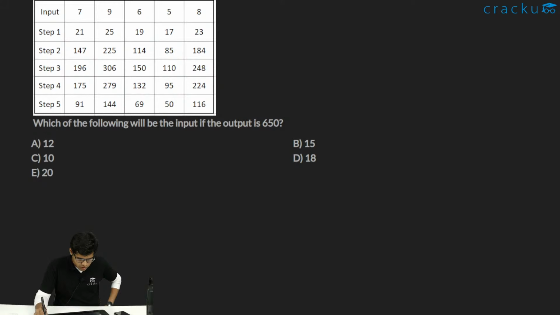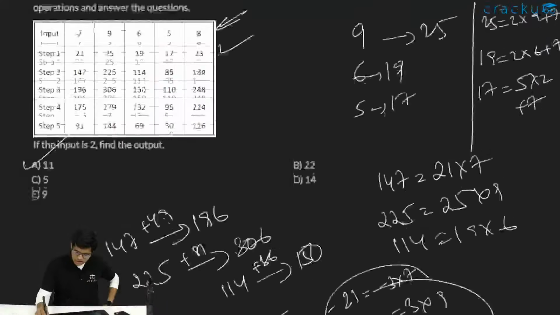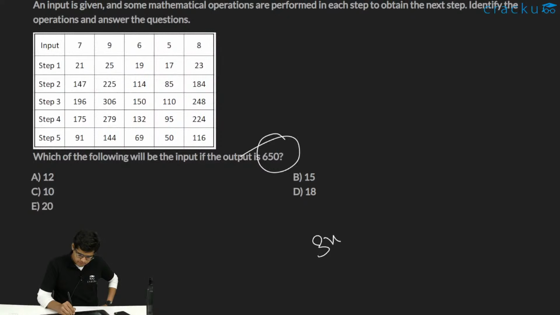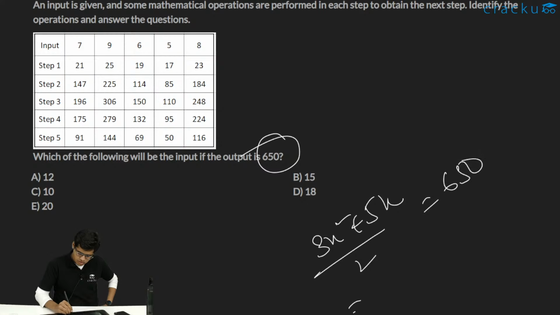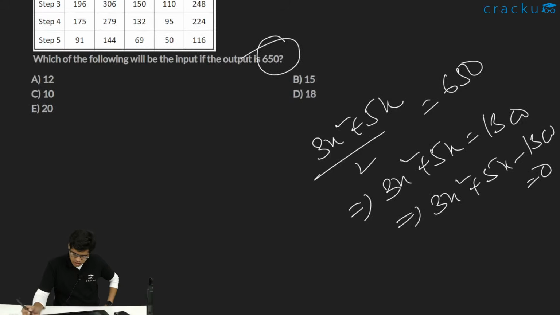And then we have: which of the following will be the input if the output is 650. So output is 650 means 3x square plus 5x by 2 is 650, or 3x square plus 5x is 1300, or 3x square plus 5x minus 1300 equals 0. Now we need to factorize with 1300.